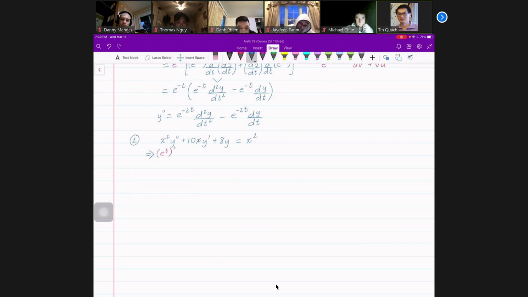You square it. Now y double prime is e to the negative 2t times the second derivative with respect to t minus e to the negative 2t times the first derivative with respect to t. Okay, so that's what you have.